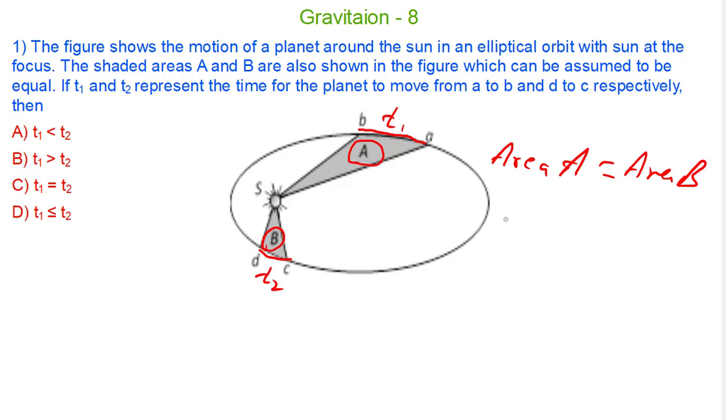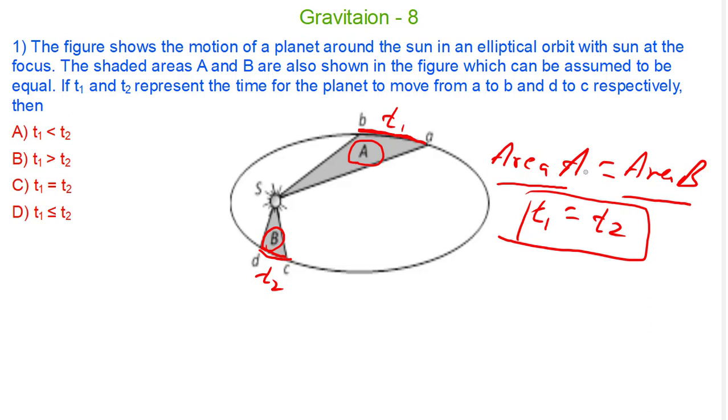How do we compare the time? Here we use Kepler's second law. What does Kepler's second law say? That the line joining the sun with the center of the planet sweeps out equal areas in equal time. So if area A is equal to area B, the time required to cover area A by the planet is the same as for area B. The time for covering area A is T1 and for B is T2, so both are equal according to Kepler's second law of planetary motion.